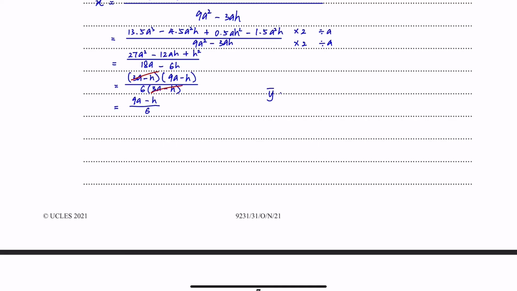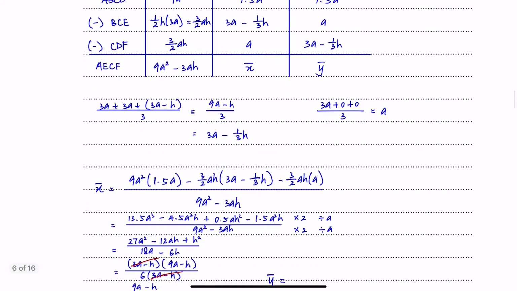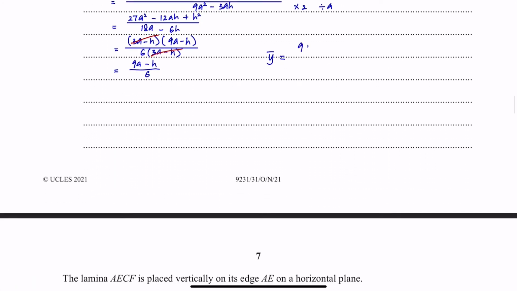As for y bar, we can see that it's the same thing. This times this minus this times this minus this times this. So we have 9a squared times 1.5a minus 3 over 2ah times a minus 3 over 2ah times 3a minus 1/3 h divided by 9a squared minus 3ah.